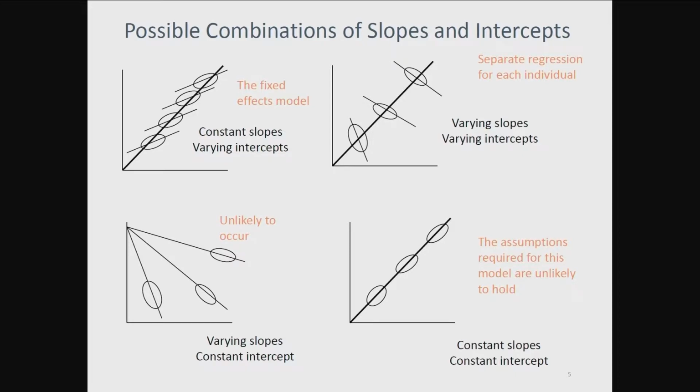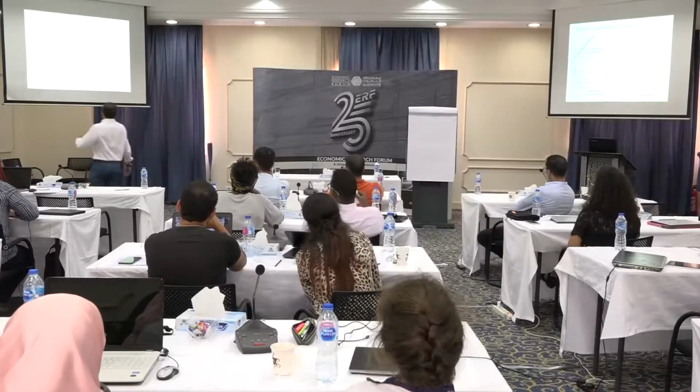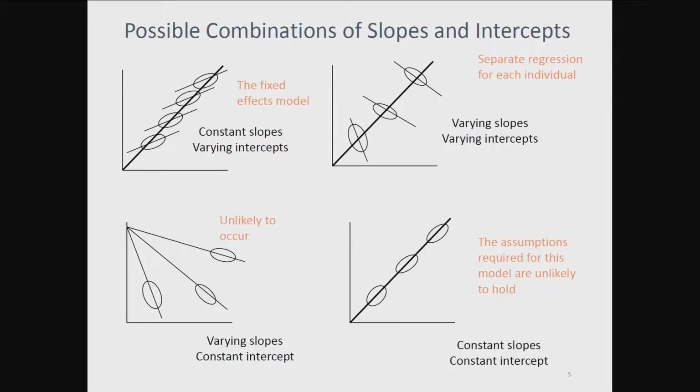In general, if I have an individual dimension that is important and heterogeneous across individuals, this means that I'm going to have a different intercept for each individual. And that's the basic idea of what we're going to see later in fixed effects. Because in the fixed effects estimation, instead of having one intercept for all individuals, we have an intercept for each individual.